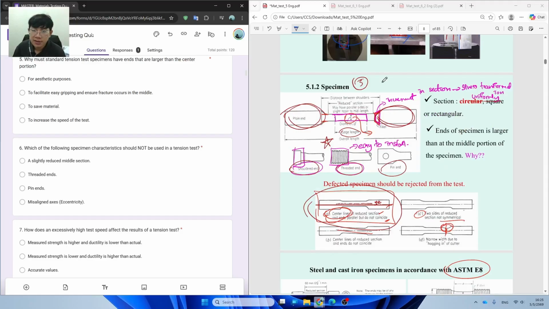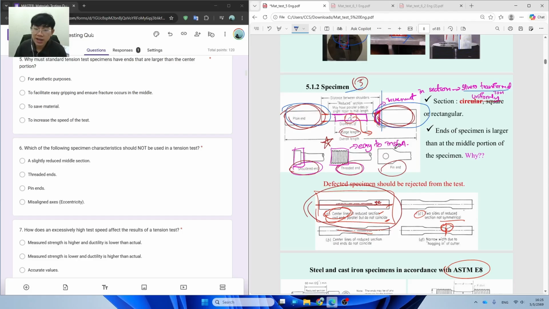For the specimens, we can see that normally at the end of each specimen, it provides a larger section, just to transfer the stress uniformly without failing at the end of the sample. We would like it to fail at the gauge length rather than at the end of the sample.